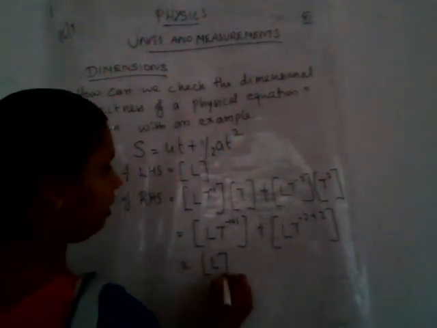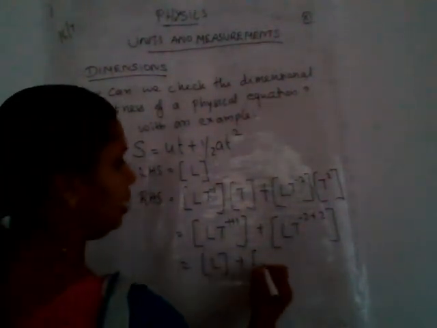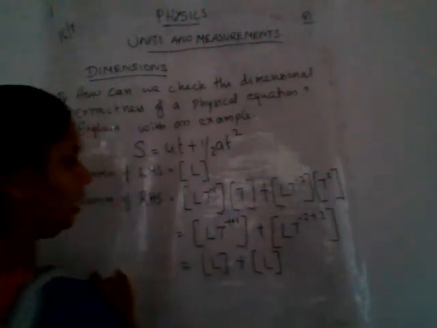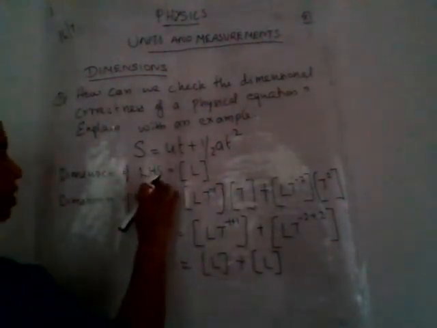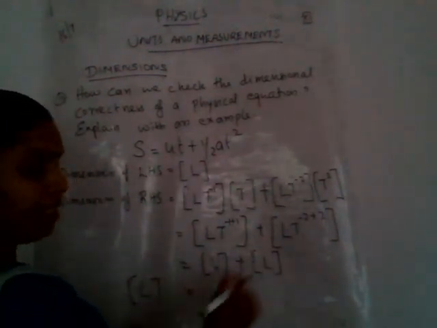So it is L T raised to 0, so it is 1. And here it is minus 2 plus 2, again 0, only L. So dimension of LHS is L and dimension of RHS is L plus L, it is 2L. 2 again doesn't have any dimension.